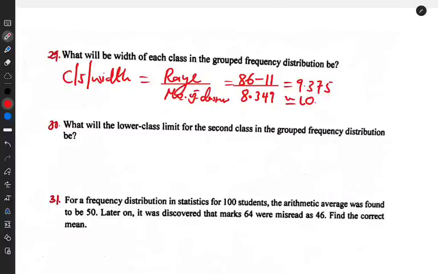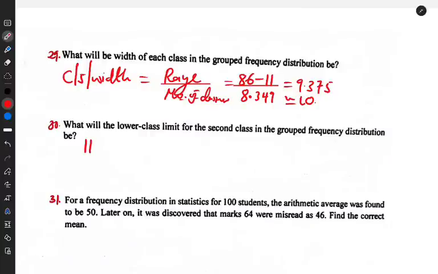The lowest score was 11. So we add 10 to it. That means we're going to count 10, starting from 11. So 11, 12, 13, 14, 15, 16, 17, 18, 19, and then 20.